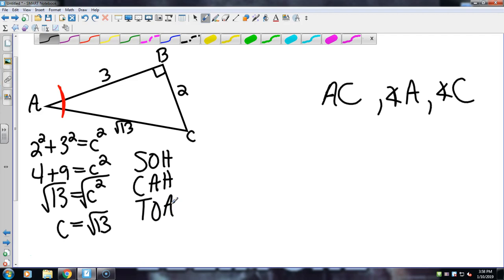So I'm going to find the tangent of A, which is going to equal opposite over adjacent, so that's 2 over 3.